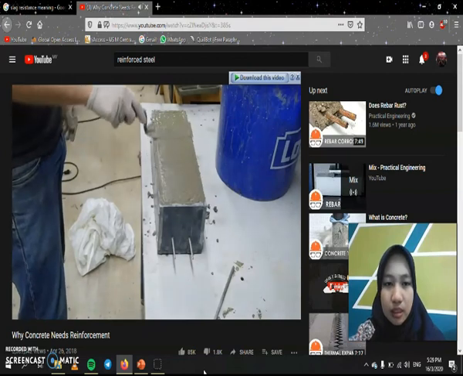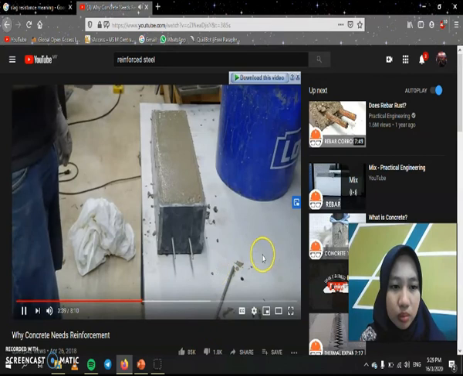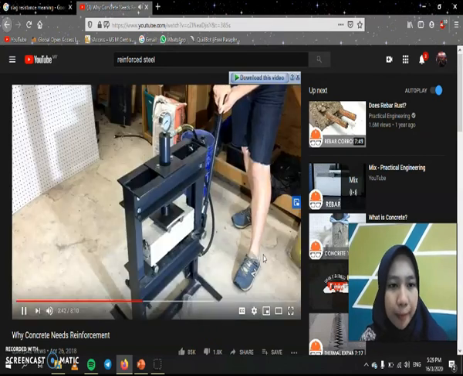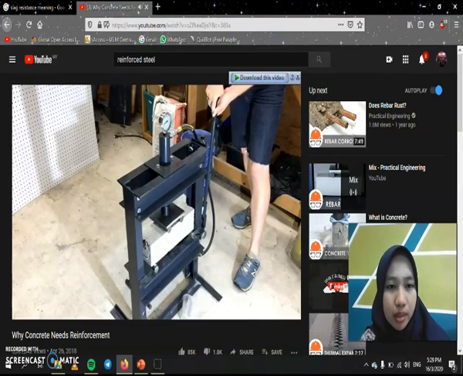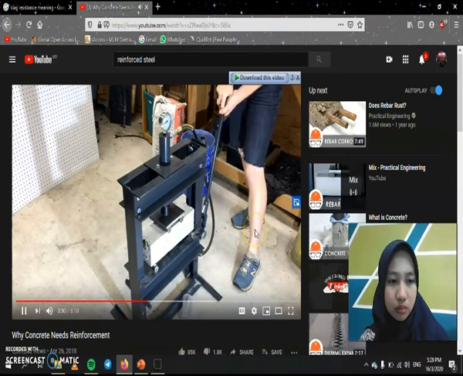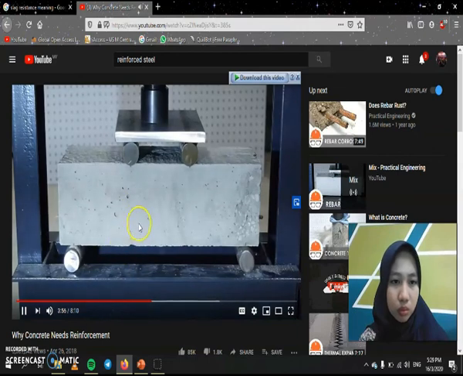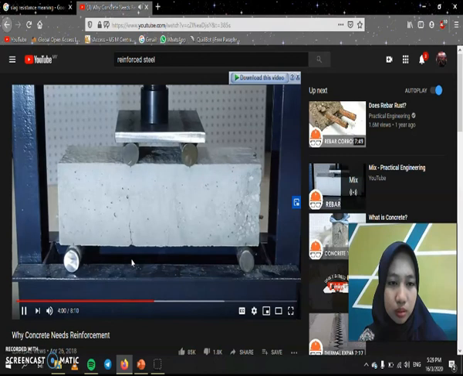These threads should act just like the deformed ridges of normal rebar to create some grip between the concrete and steel. Under the press, the first thing you notice is that this beam is much stronger than the previous one. We're already well above the force that failed the unreinforced sample. But the second thing you notice is that the failure happens a little bit slower. You can easily see the crack forming and propagating before the beam fails.